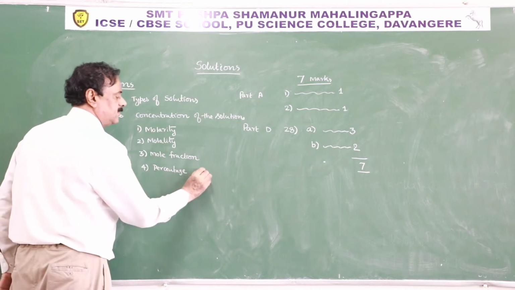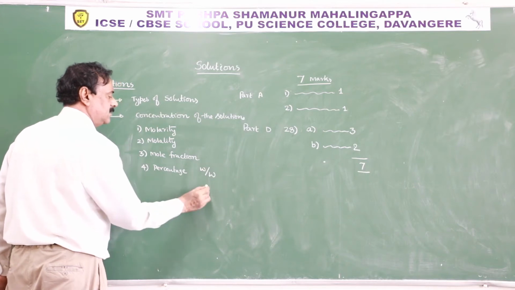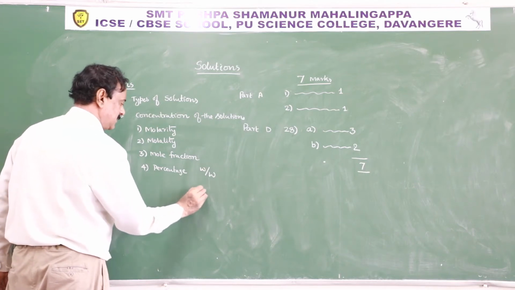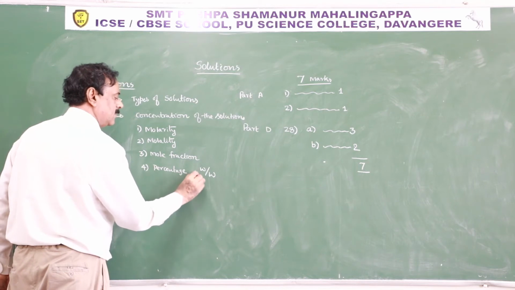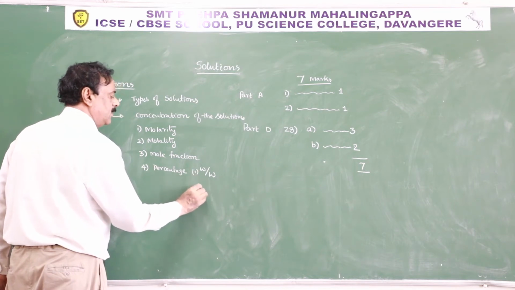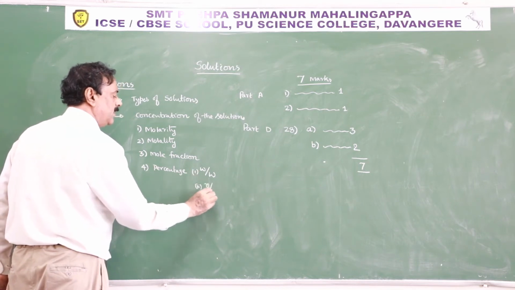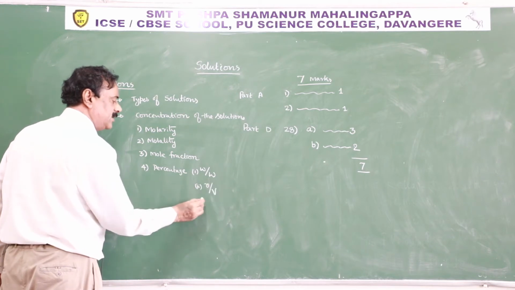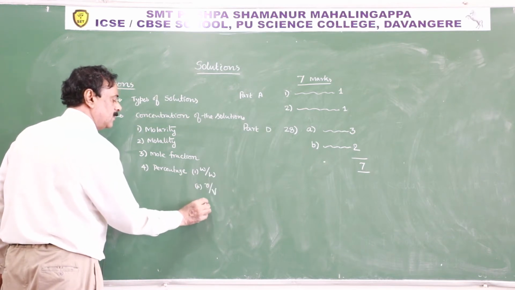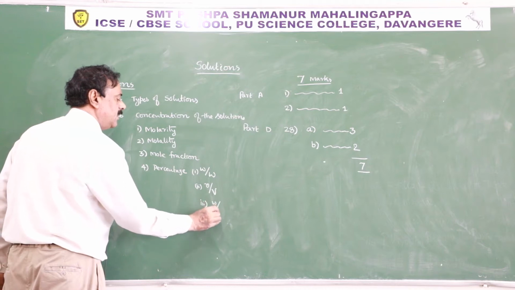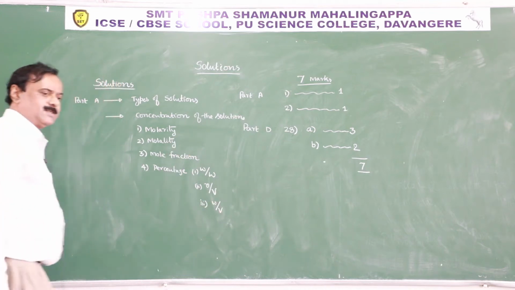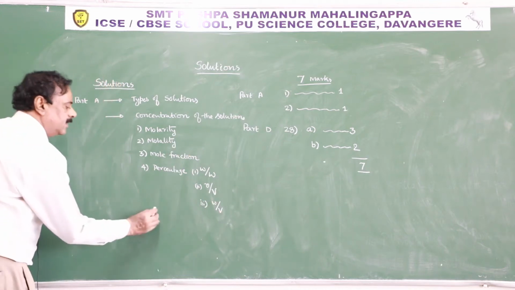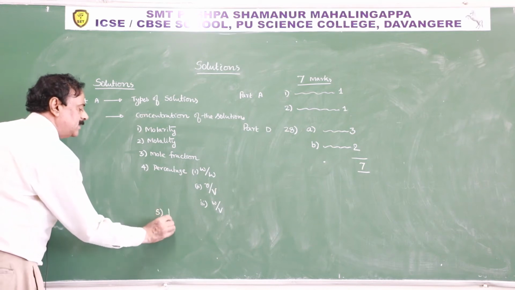There is weight by weight percentage or mass by mass percentage, volume by volume percentage, weight by volume percentage, and parts per million.